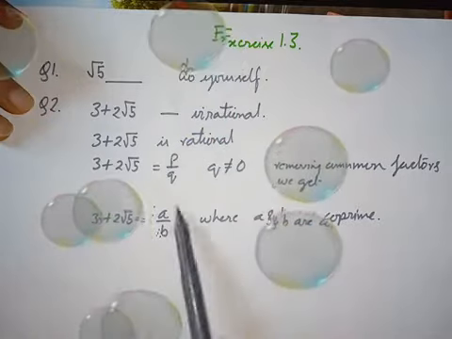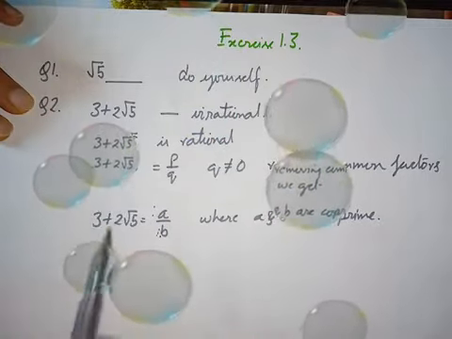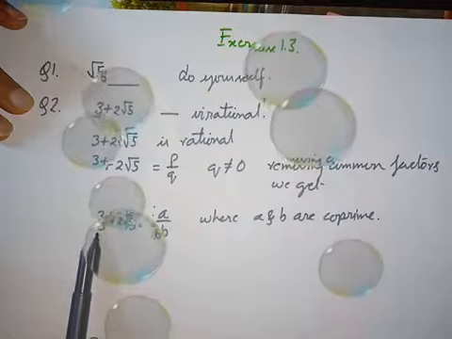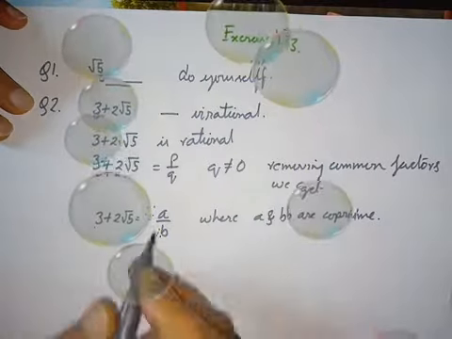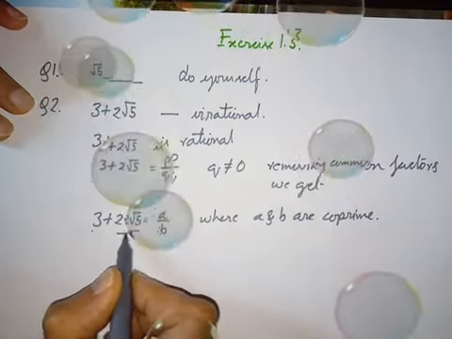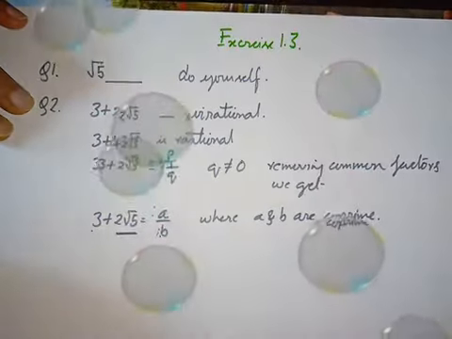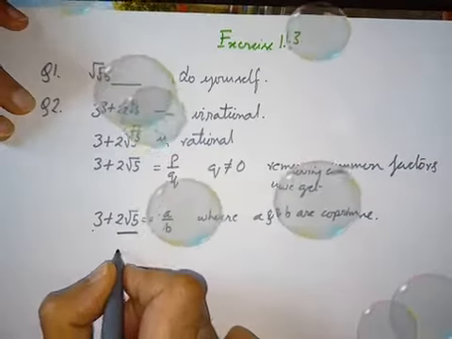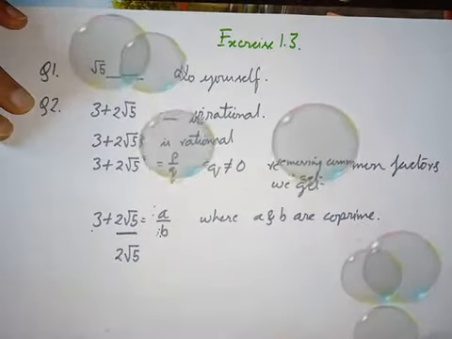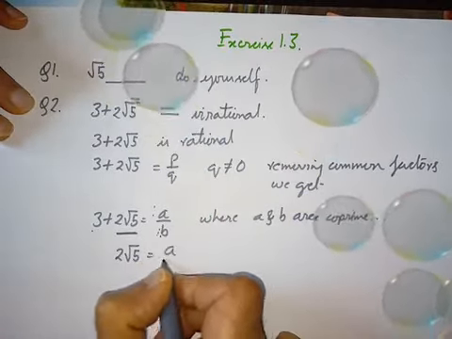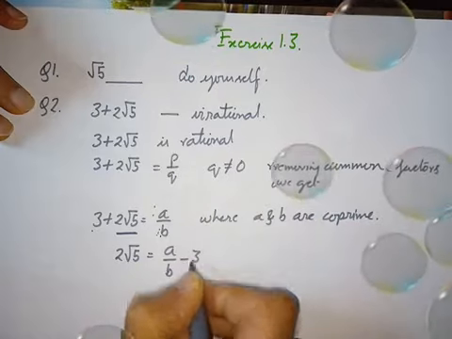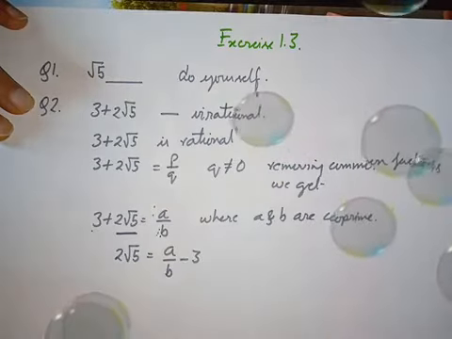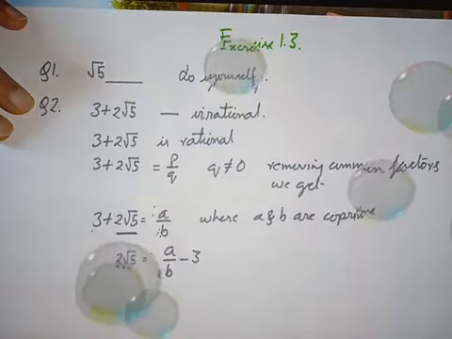Let us see the whole equation. Now here 3 is a rational number. Whatever doubt is there is regarding 2 root 5. So we will keep it on the left hand side, and we will take 3 to the right hand side. We transpose 3 to the right hand side, and we get this equation.